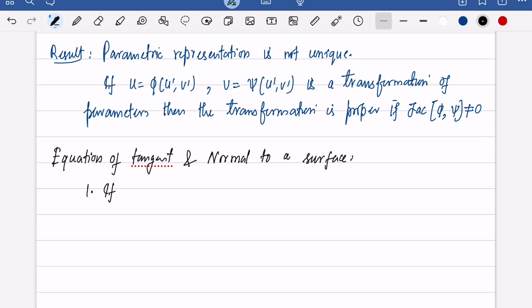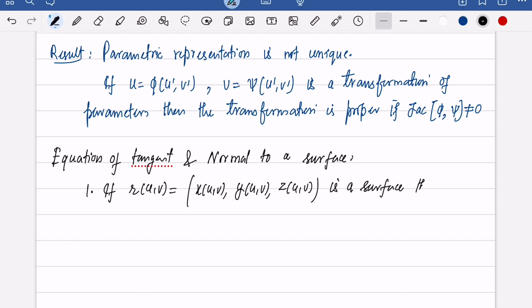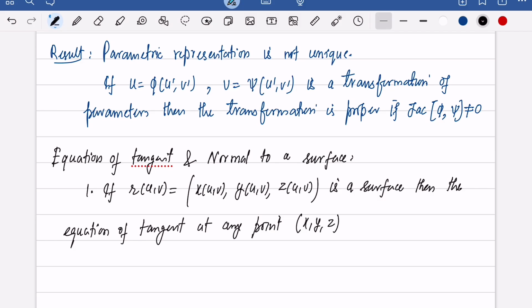If we have r of uv is equal to x of uv, y of uv, z of uv as a surface, then the equation of tangent plane at any point x, y, z is given by r minus r dot r1 cross r2 is equal to 0.